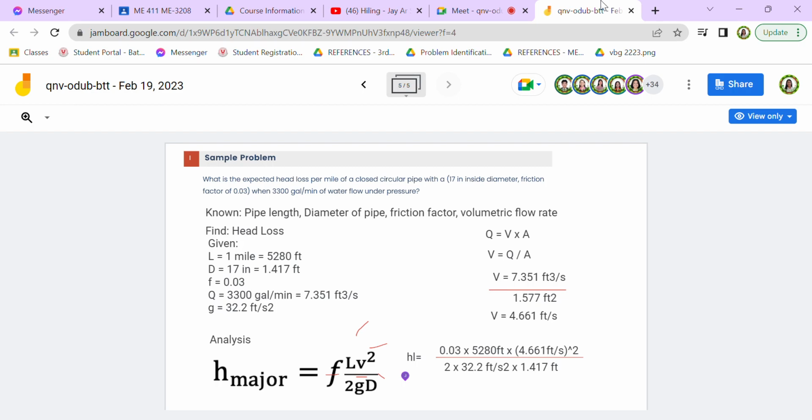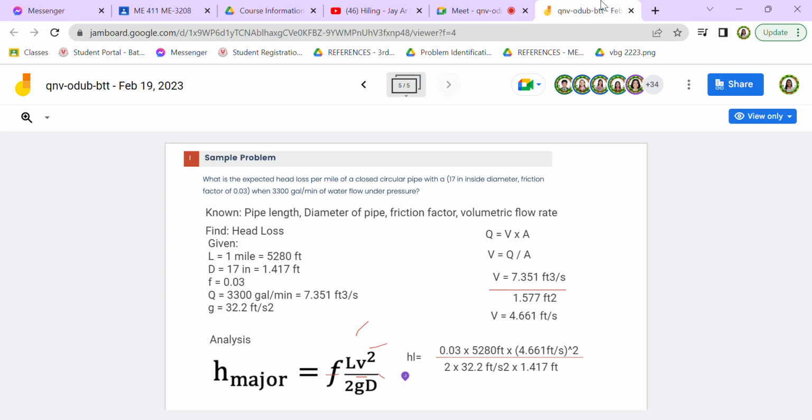So head loss is equivalent to 0.03 times 5,280 times 4.661 squared, divided by 2, divided by 32.2, and divided by 1.417, leaving us with 37.717 feet.